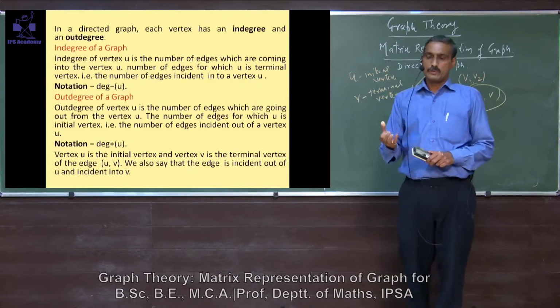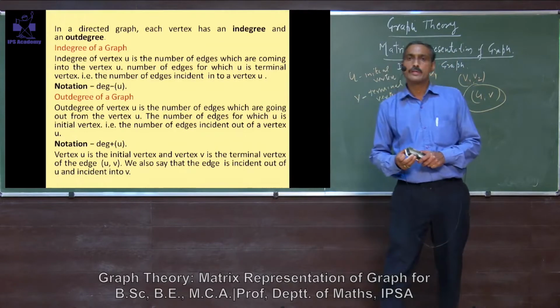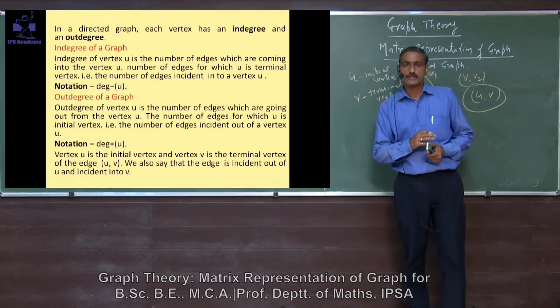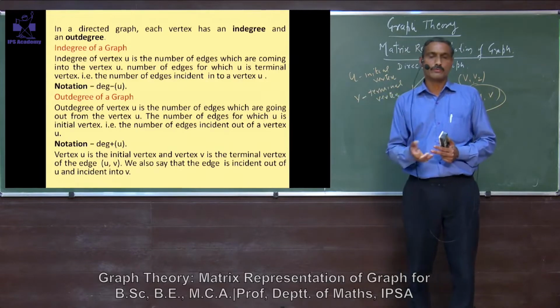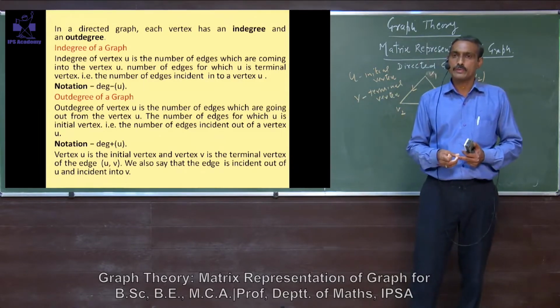Now in a simple graph we define the degree of each vertex, but in a directed graph we define the in-degree and out-degree of each vertex.